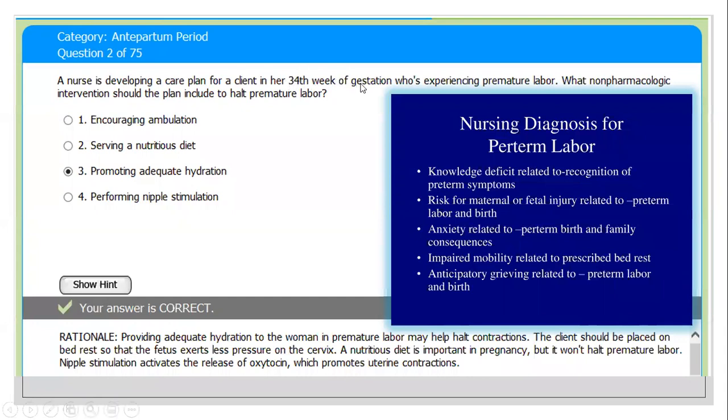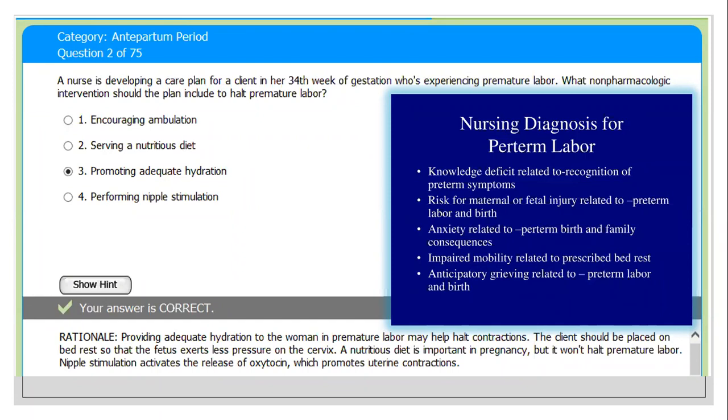So, 34 weeks of gestation, a client experiencing premature labor. Premature labor is sometimes called preterm birth or premature birth. Childbirth that occurs before 37 weeks of gestation we call preterm.